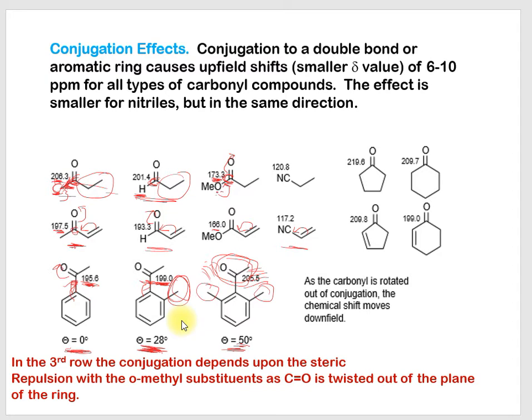More distortion in planarity means the delocalization is very difficult here. So without the delocalization, the chemical shift of the carbonyl will be increased. So the carbonyl will show different chemical shifts depending upon the delocalization, and delocalization here depends upon the steric factor.